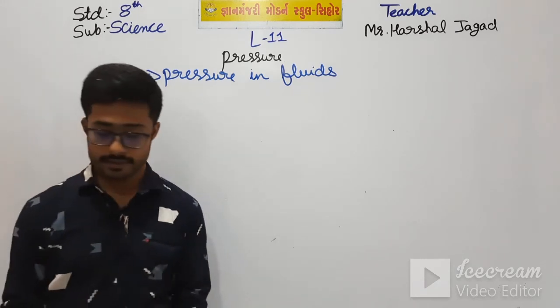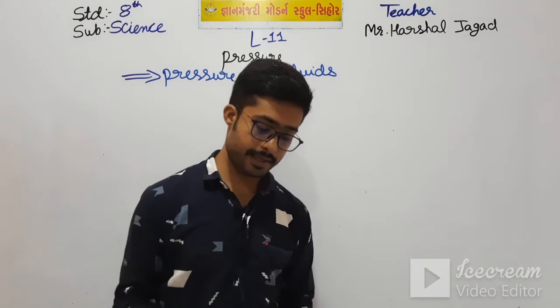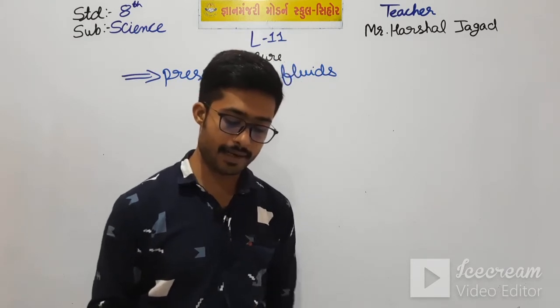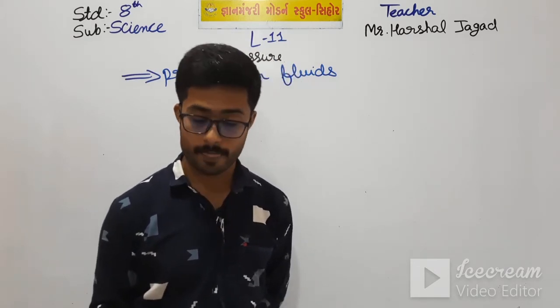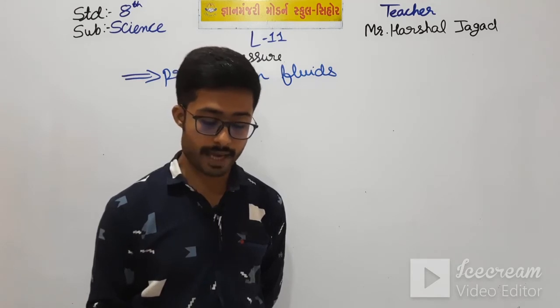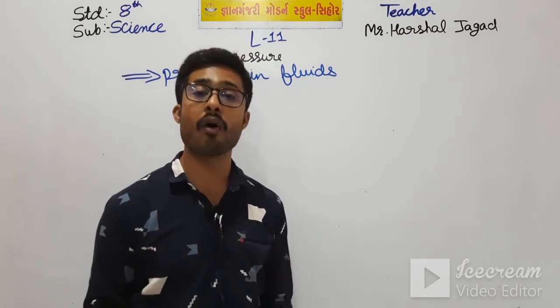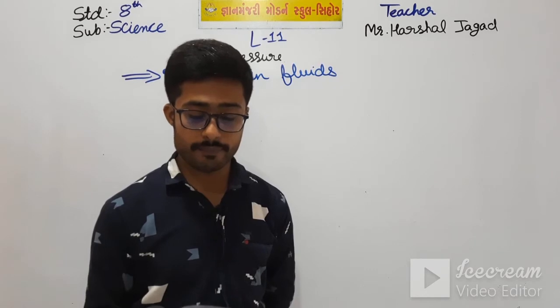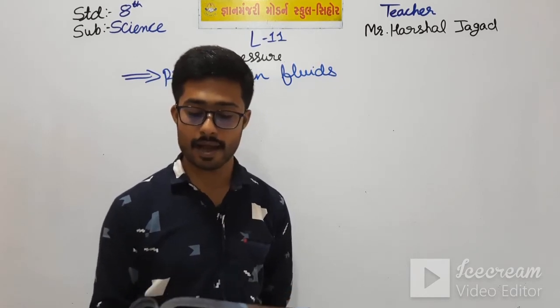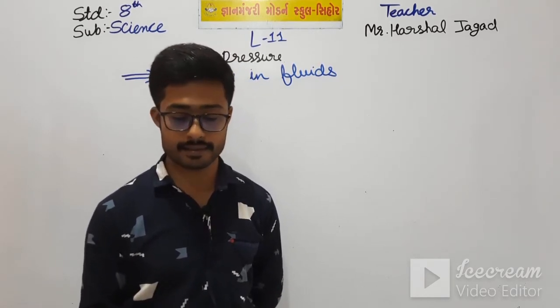So next, in the above two activities, we have observed that we are living in a sea of air and the pressure of air presses us from all sides. One of the main reasons why the earth has an atmosphere is its gravity.